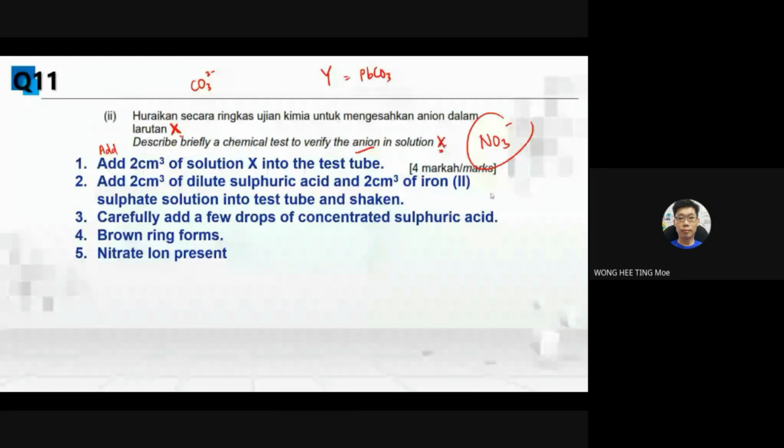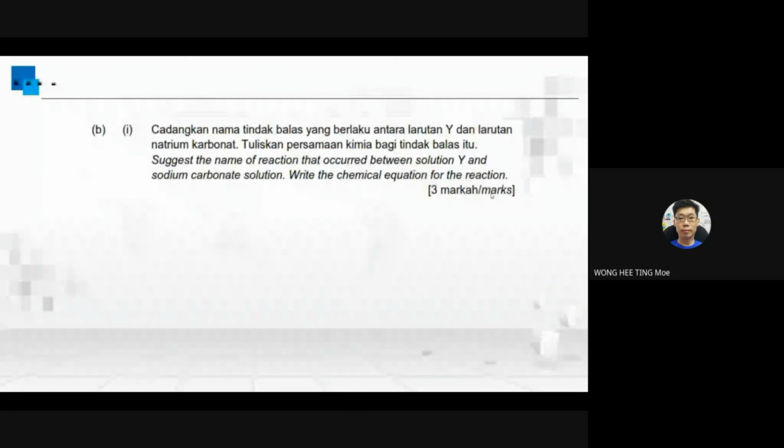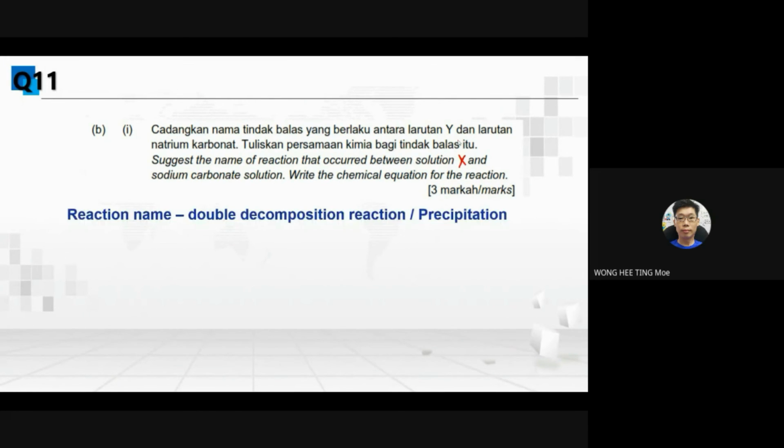Nitrate ions are present. Now B1 asks you to suggest the name for the reaction that occurs between solution X and sodium carbonate solution. So this one is called what? Double decomposition or precipitation. So the equation.